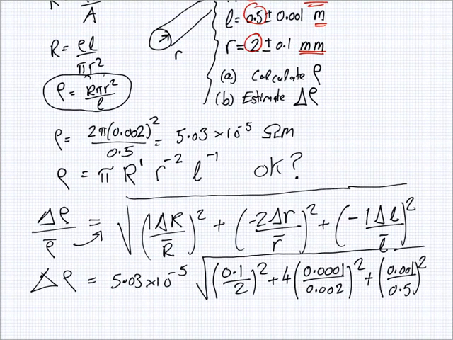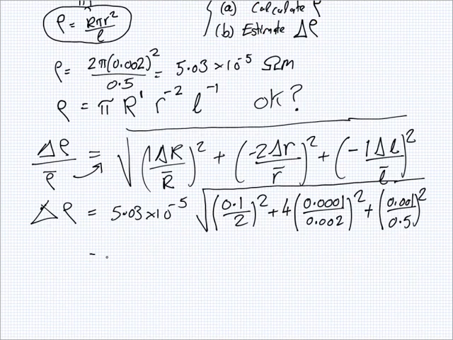So let's calculate. 5.03 times 10 power minus 5 square root... So here you get 5.62 times 10 to the minus 6 ohm meters.